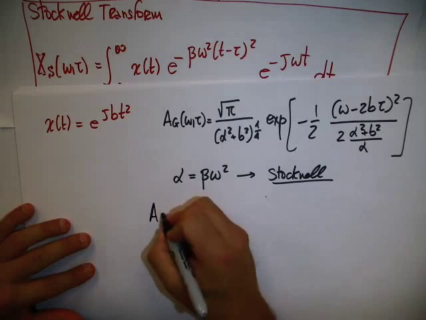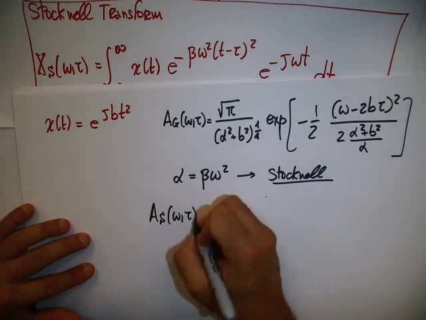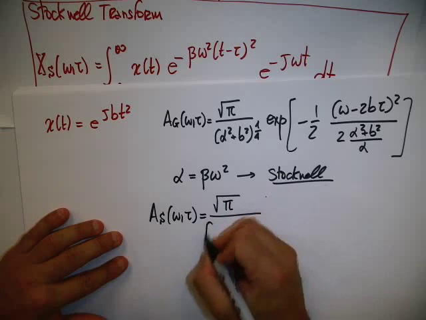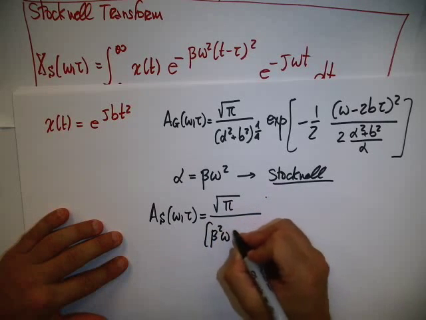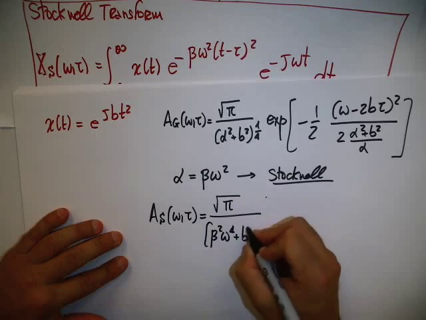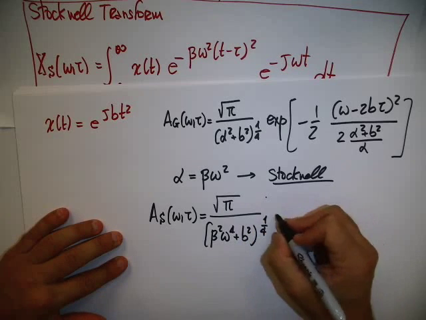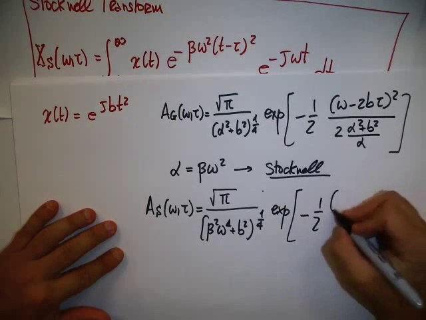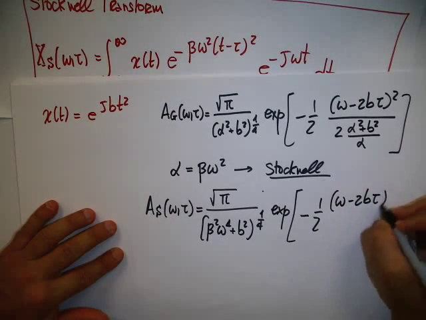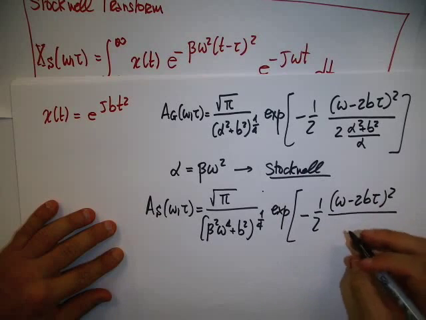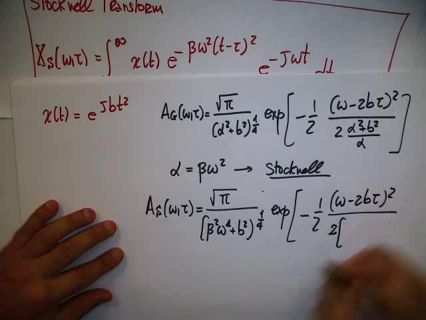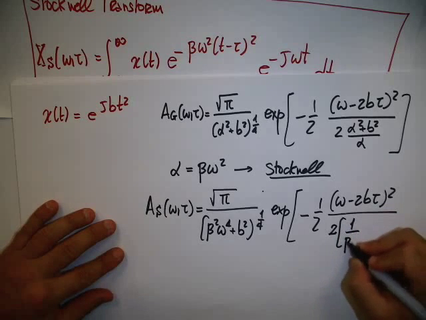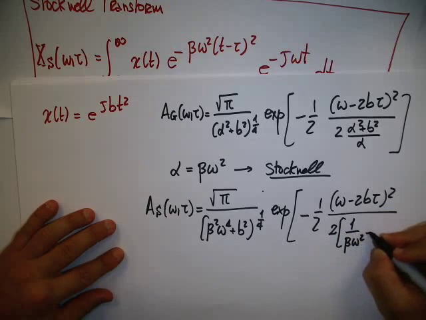So the amplitude of the Stockwell transform is square root of pi divided by beta square omega to the fourth plus b square, to the power of a quarter, exponential of minus 1/2, omega minus 2 beta tau squared divided by 2, which multiplies 1 over alpha, which becomes 1 over beta omega square.